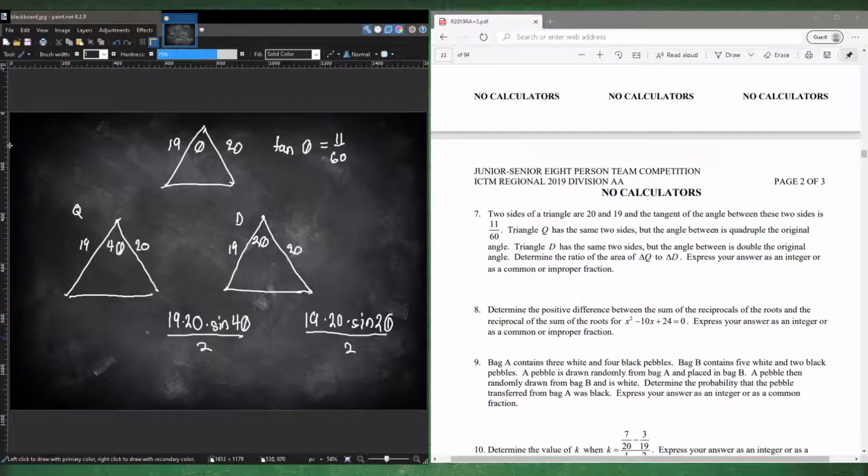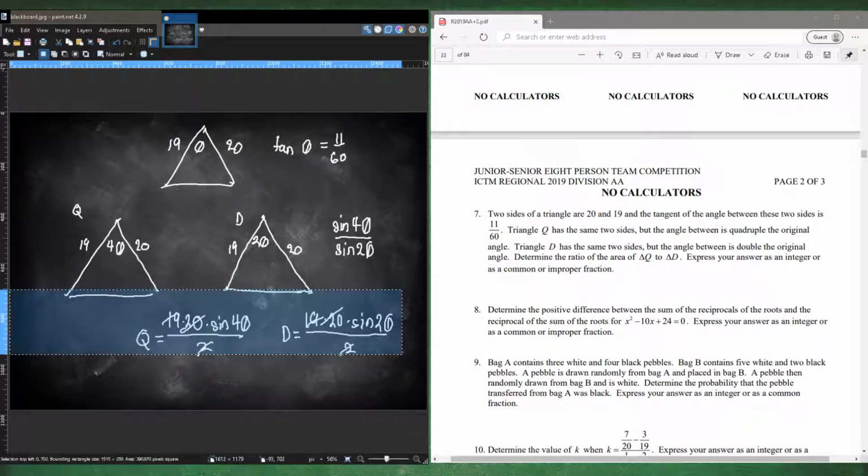I'll label this as area Q, and area D for the area of triangle D. So we just need to find the ratio, so we just need to divide Q by D. So Q divided by D, cancel out the 19, cancel out the 20s, and cancel out the 2s. So all we have to do is find the ratio of sine of 4 theta divided by sine of 2 theta. Okay, so let's find that.